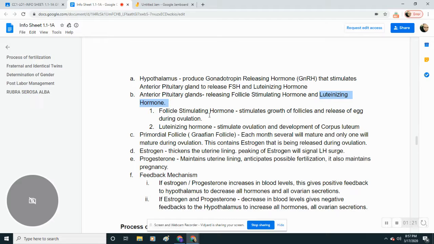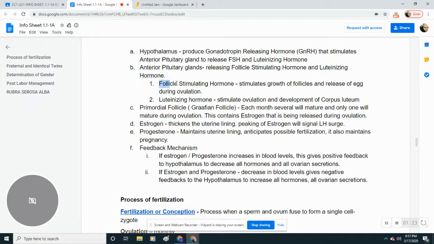So what are the functions of these hormones? The follicle stimulating hormone stimulates growth of the follicles and releases the egg during ovulation. So the function of your FSH is to stimulate the growth of your follicles that contain the egg.